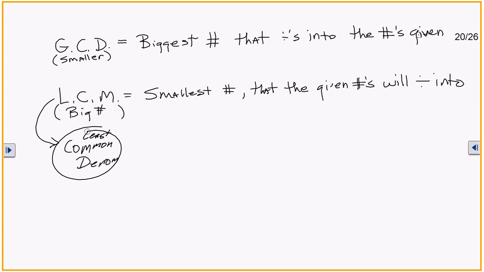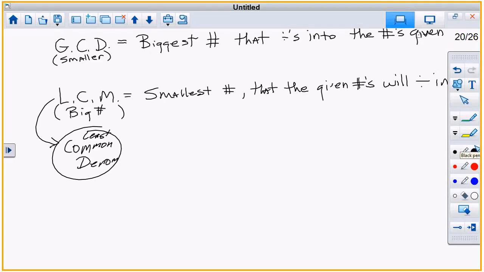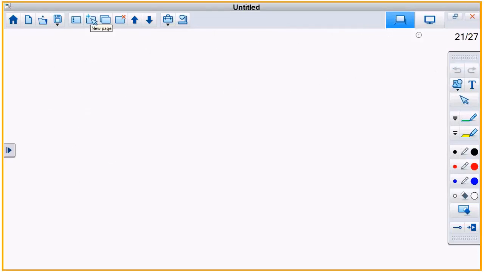All right, so let's go ahead and start with a simple problem. Let's go with find the greatest common divisor and the least common multiple of the following numbers. Let's go with 14 and 20.